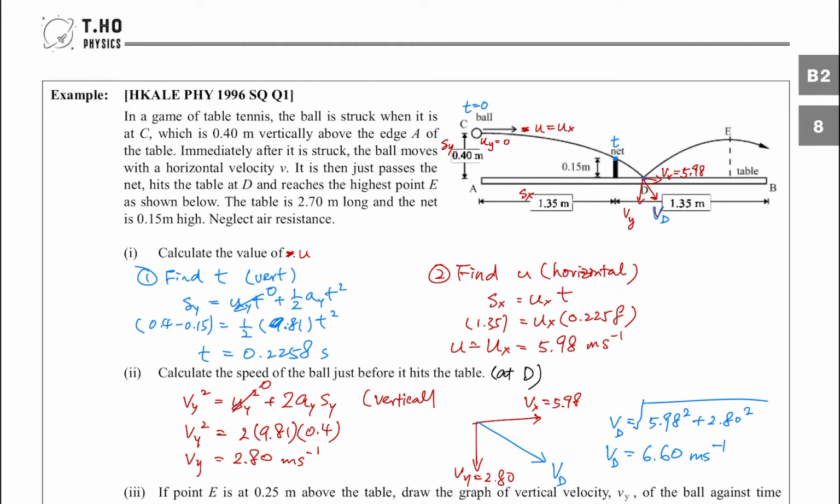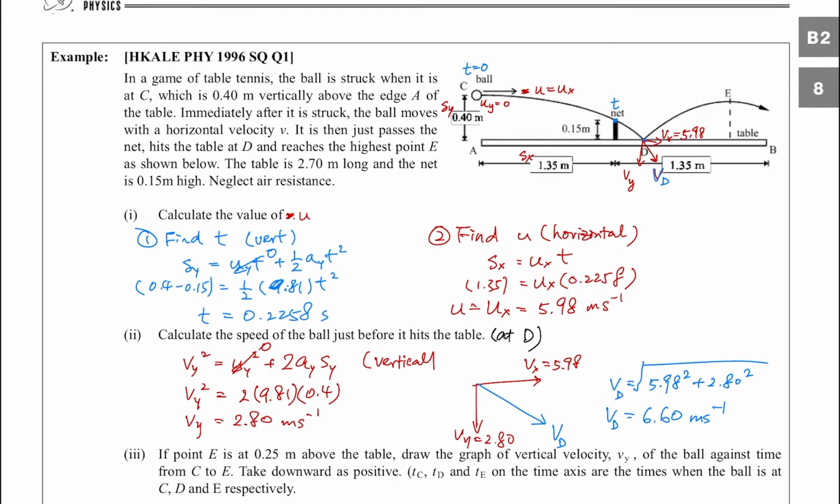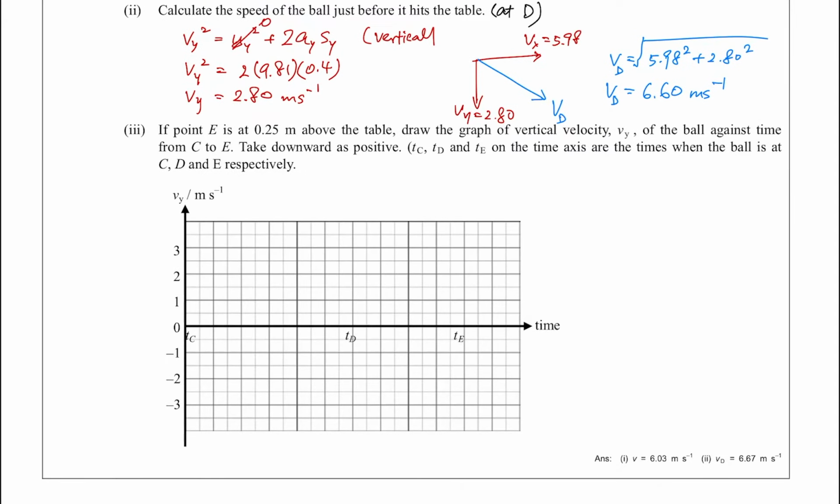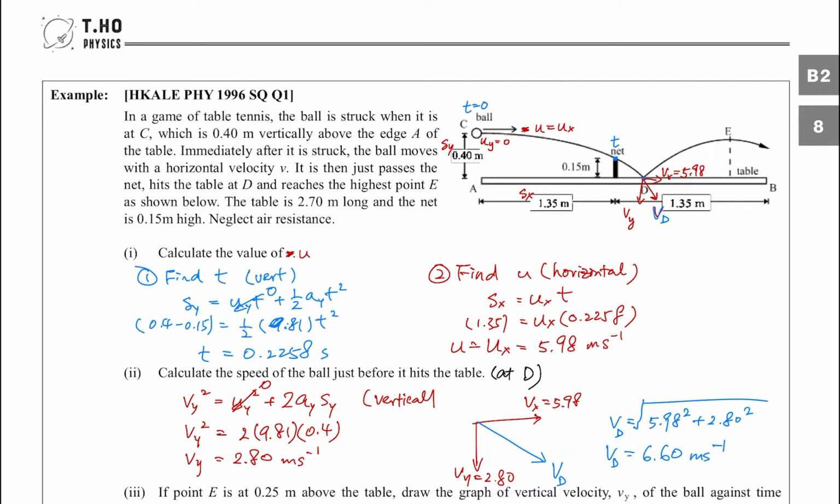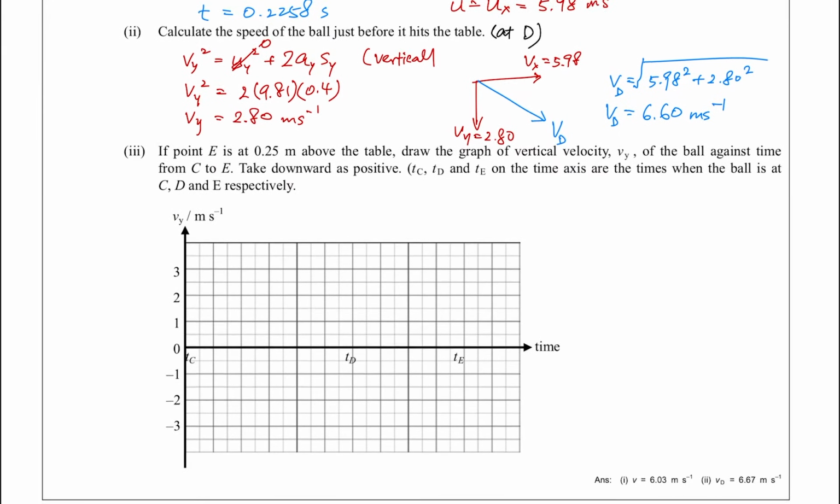Now then, in part 3 it is said that point E is 0.25 meter above the table. So point E is here, 0.25 meter above the table.